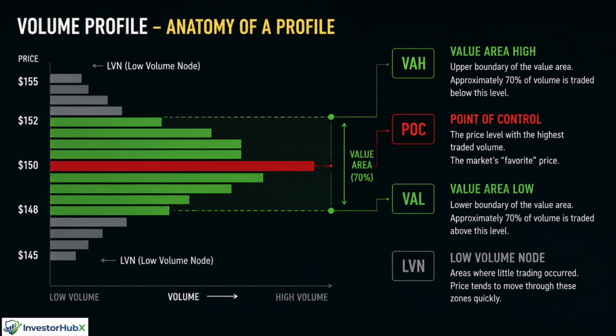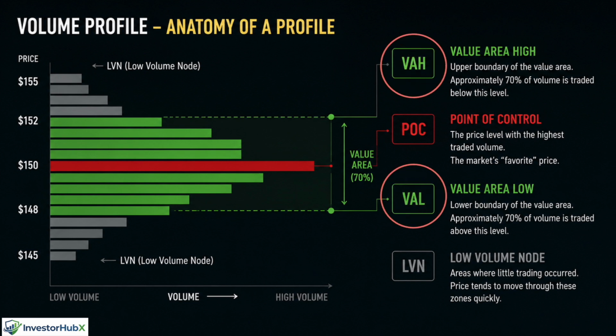You'll usually see it represented as the longest bar in the volume profile. Because so much activity happened there, price often reacts around this area. Price may bounce from it, consolidate around it, or repeatedly revisit it. This is why traders often treat the POC as an important support or resistance level.